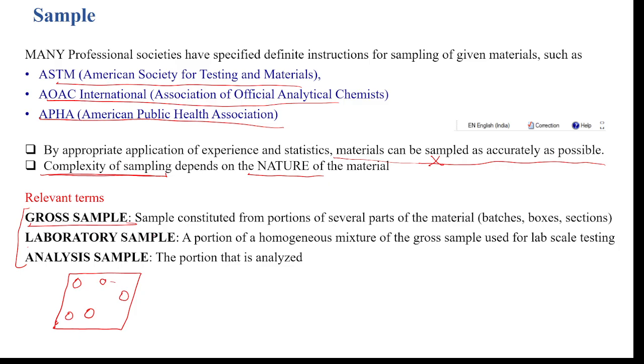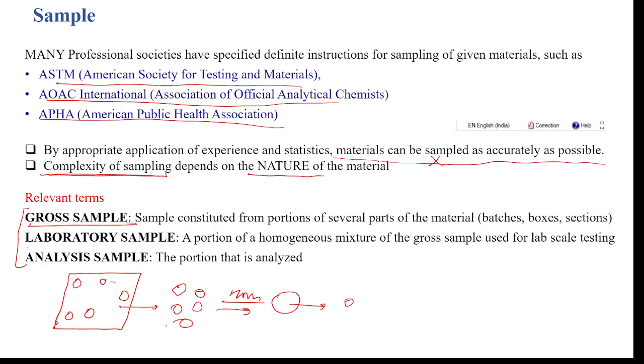Then laboratory sample. What you are going to do is make a homogeneous mixture of this sample, and then after mixing it you can take a small portion of it.